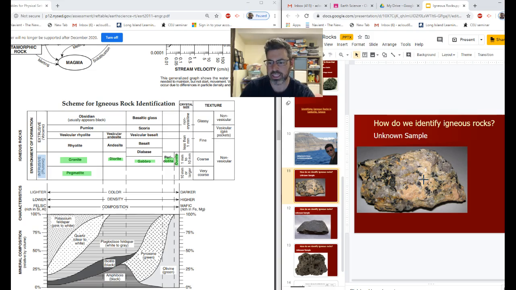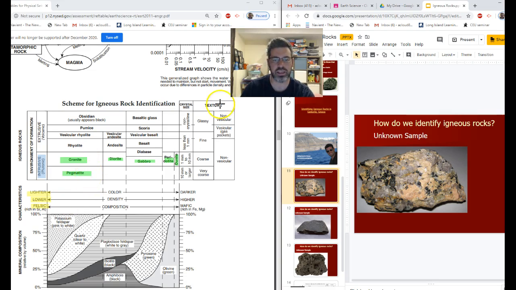Yes, there's some black there, but this is still considered to be pretty light in color. So I'm going to stick with these two choices: either granite or pegmatite. Why? Because this is lighter in color. Lighter means lower density. It also means that it's rich in silicon and aluminum. It's felsic, right? So how do I narrow that down between granite and pegmatite?